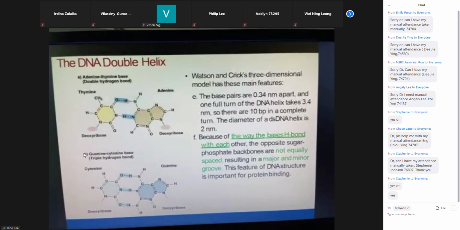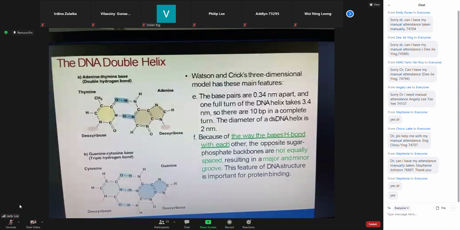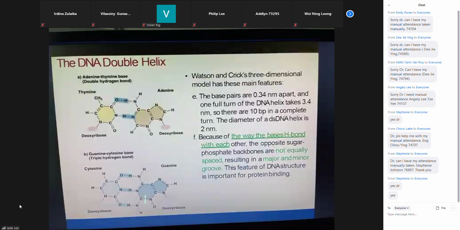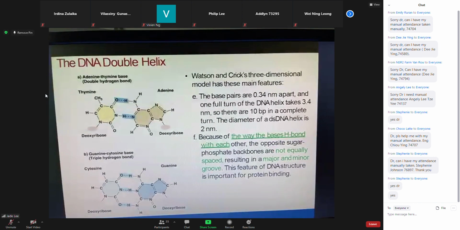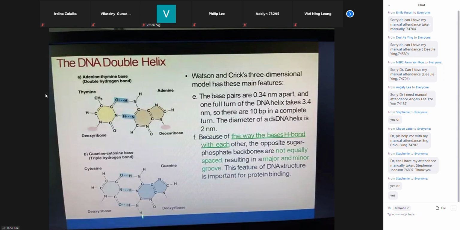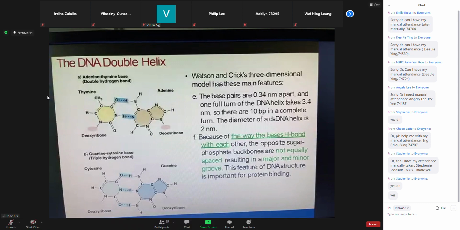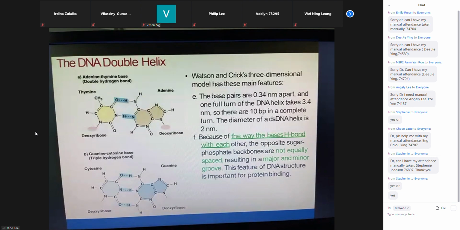But this is two with three, so it is not even. So the unevenness of the hydrogen bonds formed between the bases results in the minor groove and major groove. Okay, doctor, I got it.